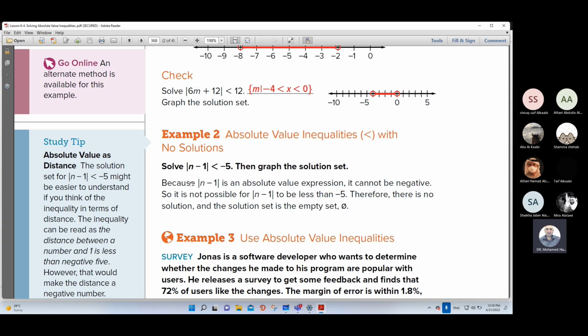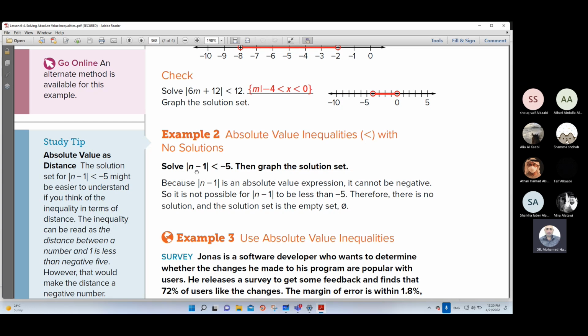And as you see here, if you choose n any value, if you choose n as 0, n minus 1, 0 minus 1 will be -1. The absolute value of -1 will be 1. Is 1 less than -5? No. If you choose n any value, you will get here positive, or you will get 0.